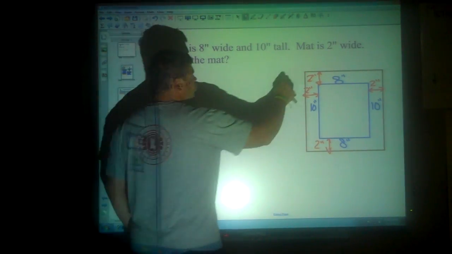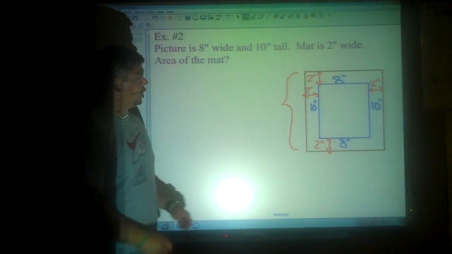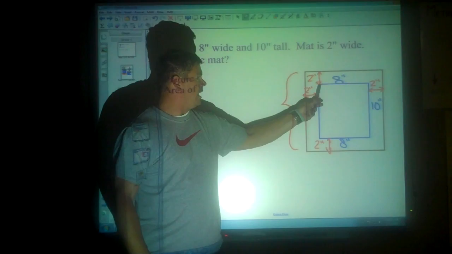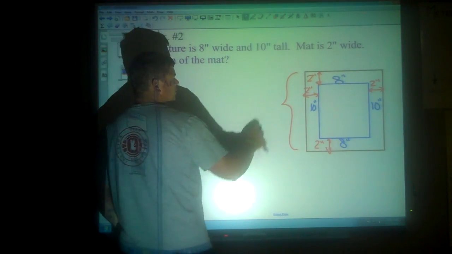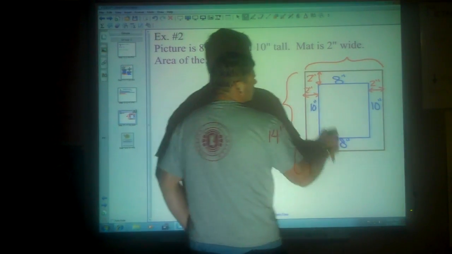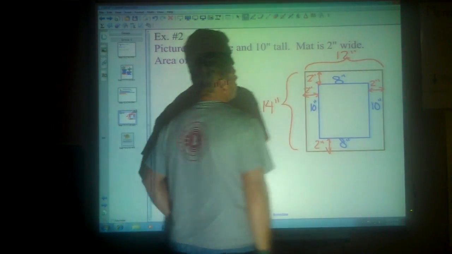Which means you should be able to figure out how wide or how long or tall this actual amount is. The 2 inches here plus the 10 plus the other 2 make a grand total of 14 inches. And here, the 2 plus the 8 plus the 2 makes 12 inches.